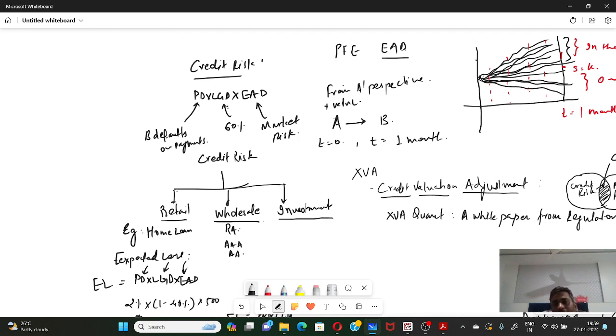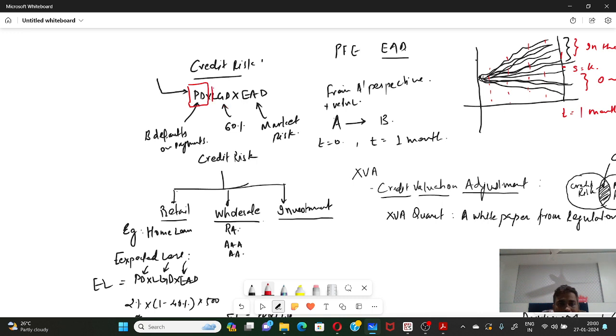If you have an option on Nifty, the underlying is a collection, an index. How the Nifty index moves over the next one month will decide what the exposure will be at the end of one month. And the probability of default will come from CDS spreads or many other models. So this part comes from very hardcore credit risk modeling.